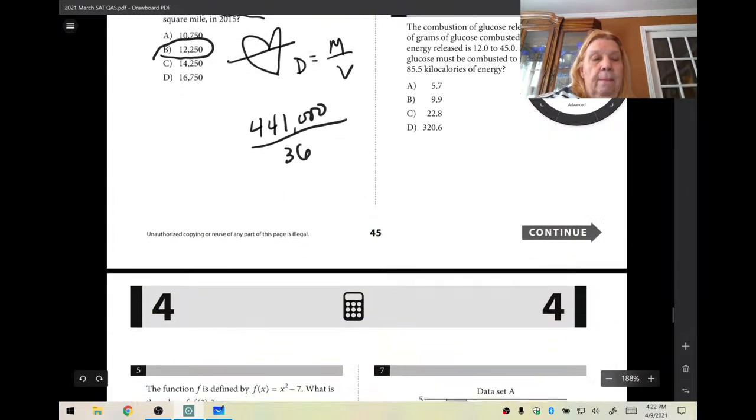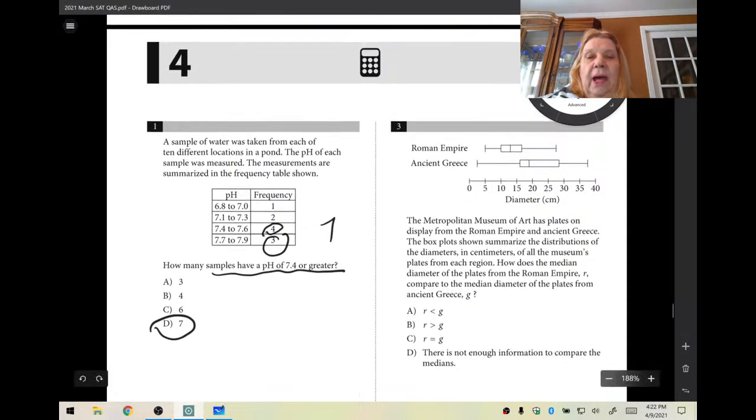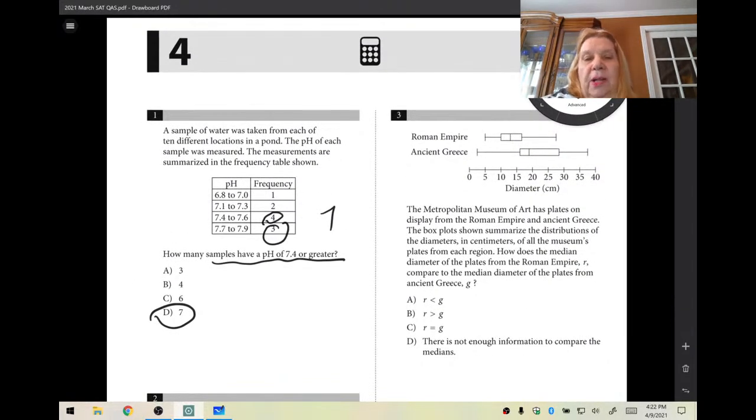Number 3, up here we go. So we have box and whisker plots. You might have known them. The Metropolitan Museum of Arts has plates on display from the Roman Empire and ancient Greece. The box plots shown summarize the distribution of the diameters in centimeters of all the museum's plates from each region.